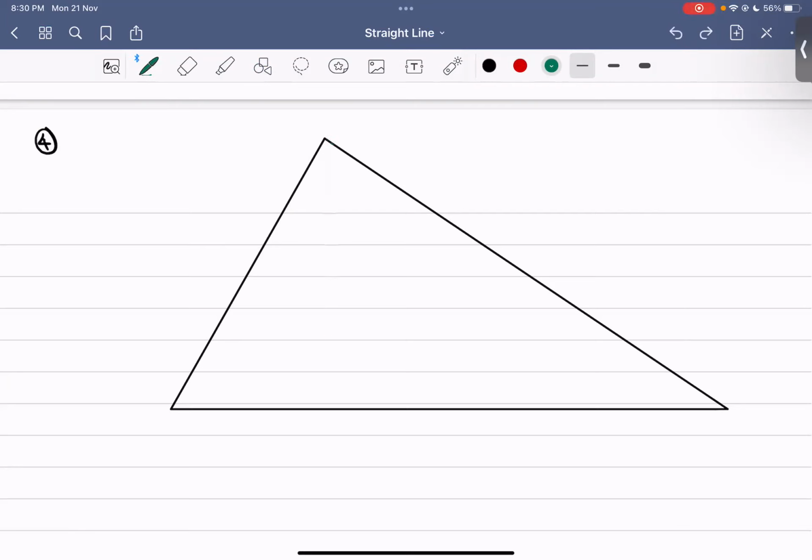So this is the altitude. Right, means this angle is 90 degrees. Next, you draw the median. Median means here exactly you take the middle point. So this is M. You join this A and this median.